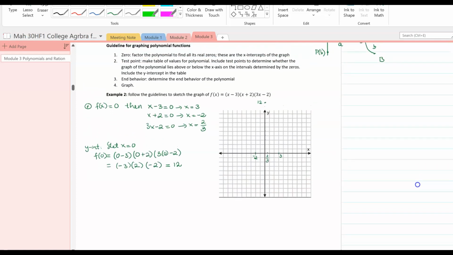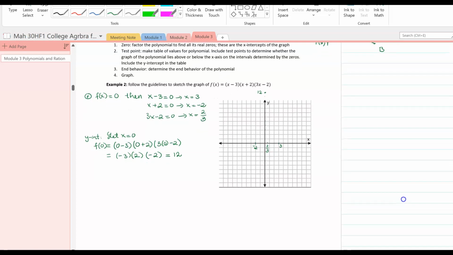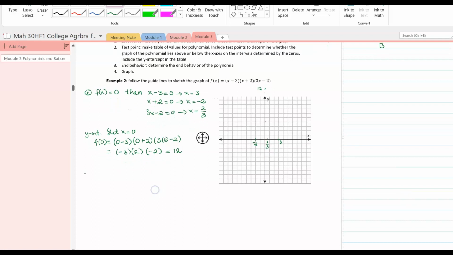The next thing we do is make the table of values for the polynomial, including the test points, to determine whether the graph of the polynomial lies above or below the x-axis on the intervals determined by the zeros. So making the table, here's our x value and f of x.